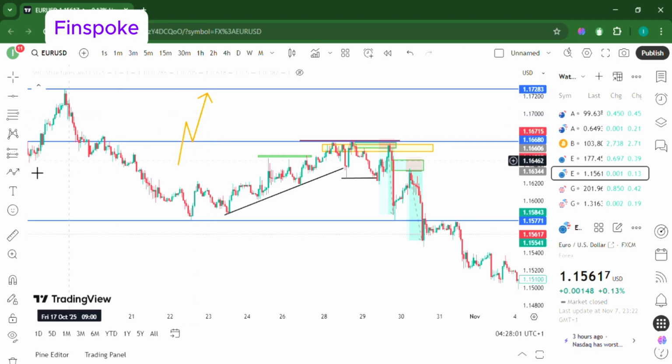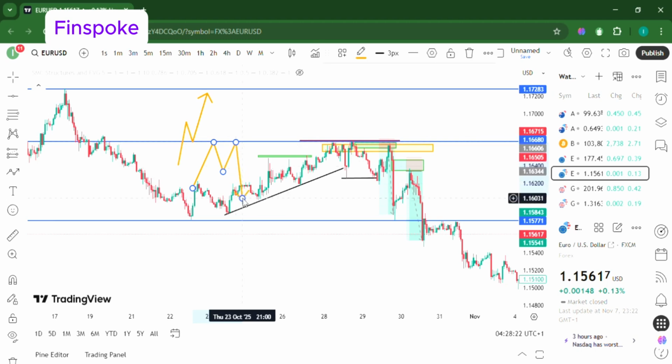If it doesn't do this, the next thing it will do when it gets to a zone is to pull back, and touch the zone again. That is when it normally forms this double top. And it pulled back and started coming down. These are the two things price does when it gets to a zone.